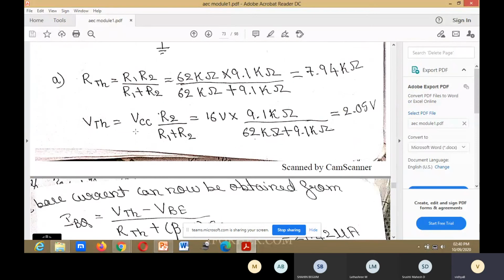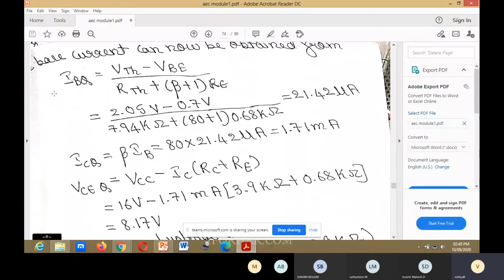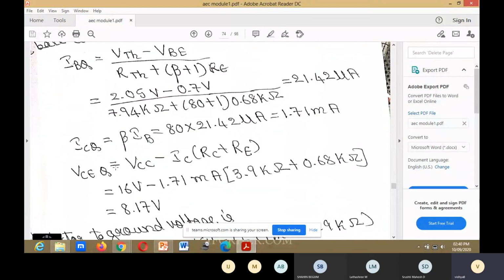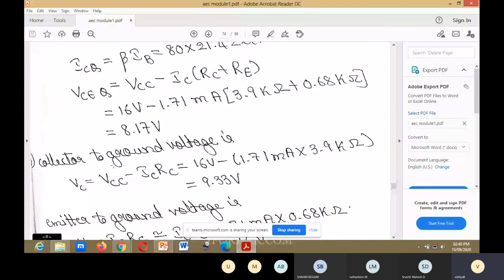This is what you first need to find out: RTH, VTH. Beta will not affect RTH and VTH. When the beta value changes, RTH and VTH will not change. You need to solve only from here: IB, ICQ and VCEQ.